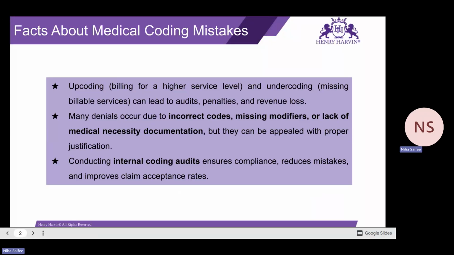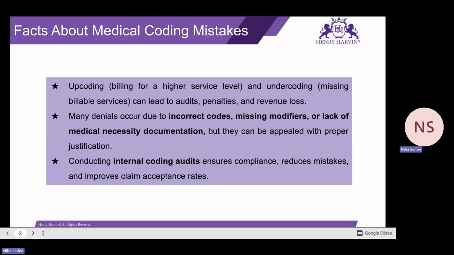Now there is one code for the obstetric panel, so I have to select that one code. But instead of selecting that one code, I am giving a separate code for each of the investigations which are part of the obstetric panel. I'm taking one code for CBC, one for urine analysis, one for HIV, HbA1c. So instead of the one code I was supposed to select, I'm selecting three codes.